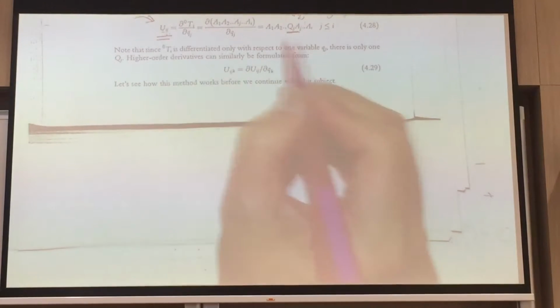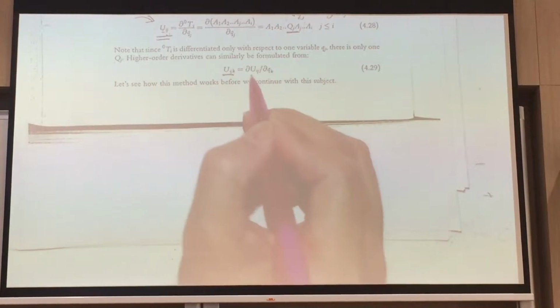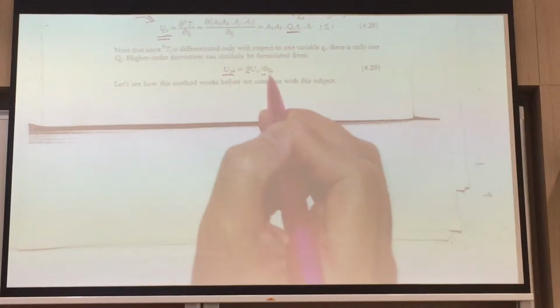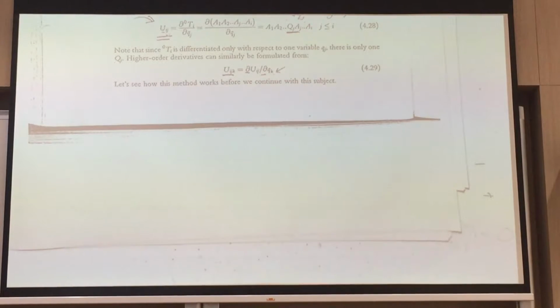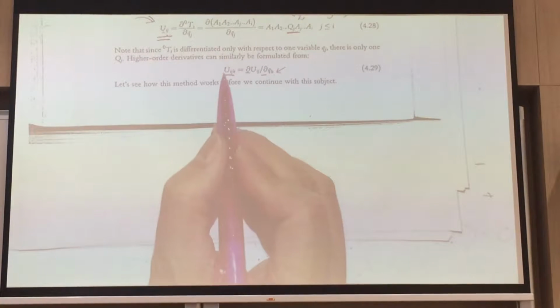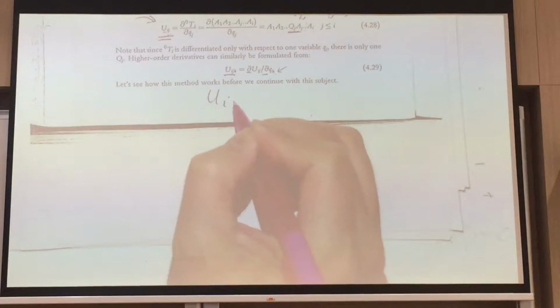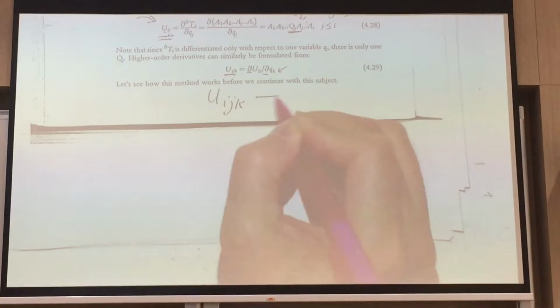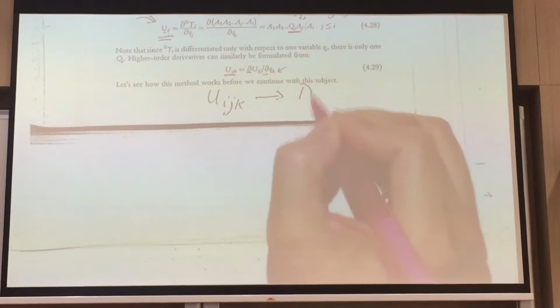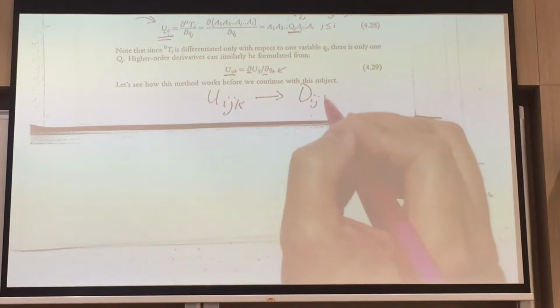And if I take another derivative of Uij with respect to qk, another joint k, then the result will be called Uijk. So what does Uijk mean? Basically, the U here is going to give you the matrix Dijk.